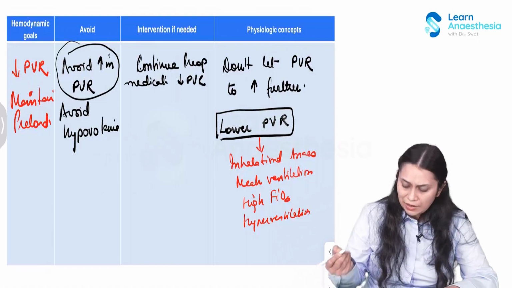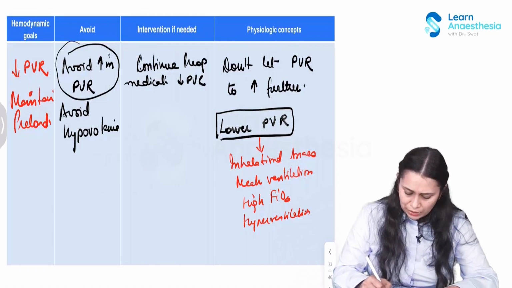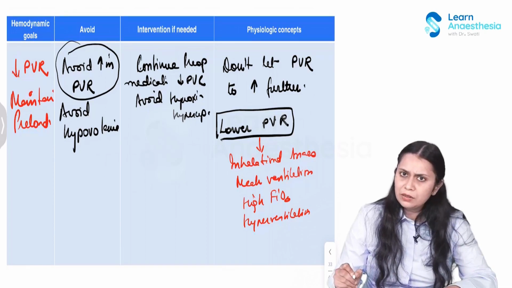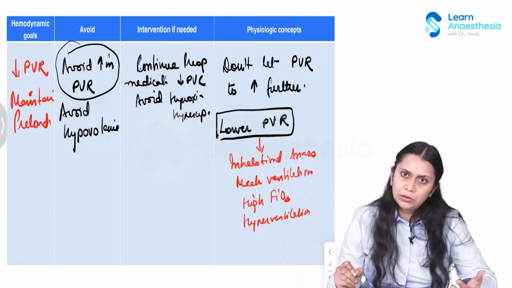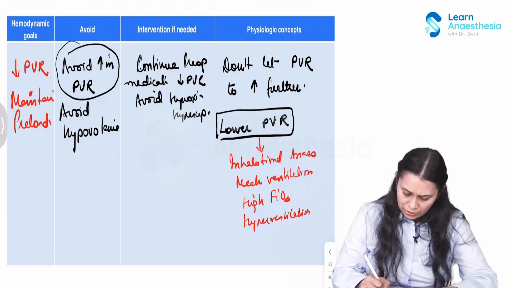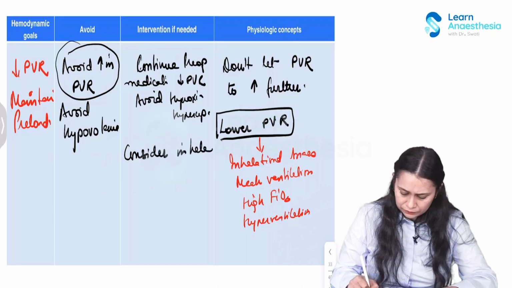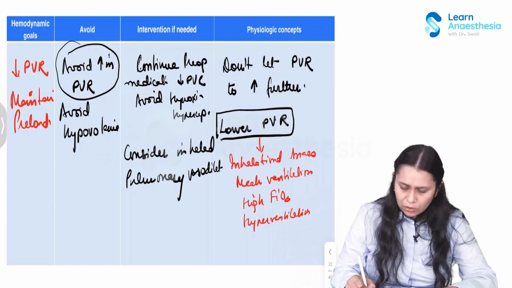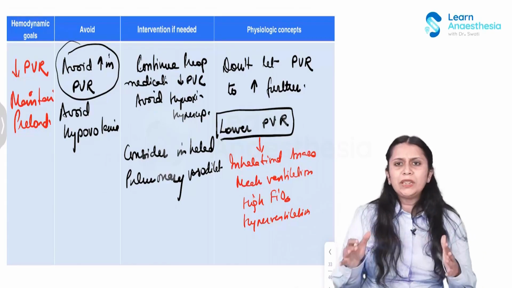Then, as I said, avoid hypoxia and hypercapnia, and we need to consider an inhaled pulmonary vasodilator like epoprostenol, etc. So what is the main important goal in pulmonary hypertension?